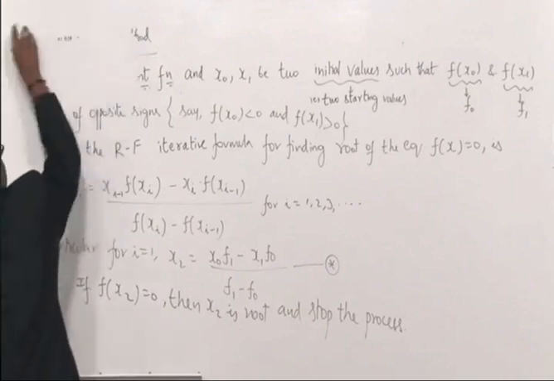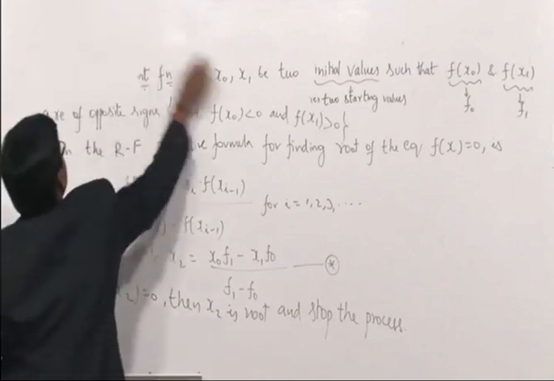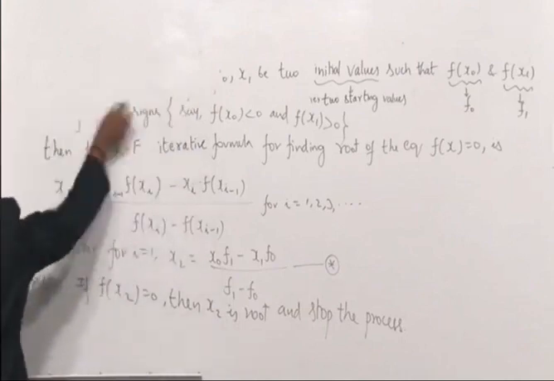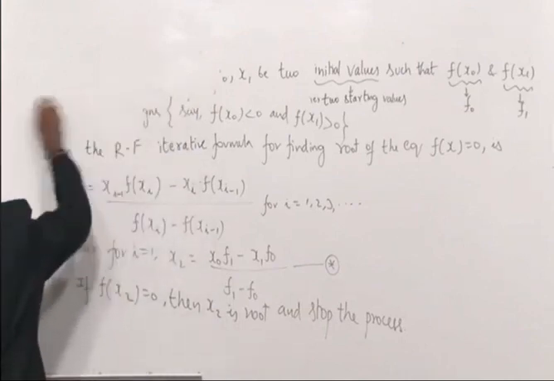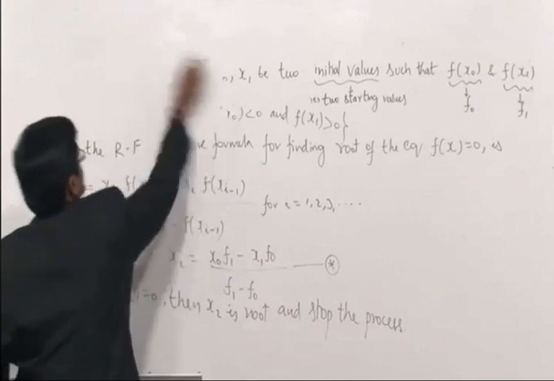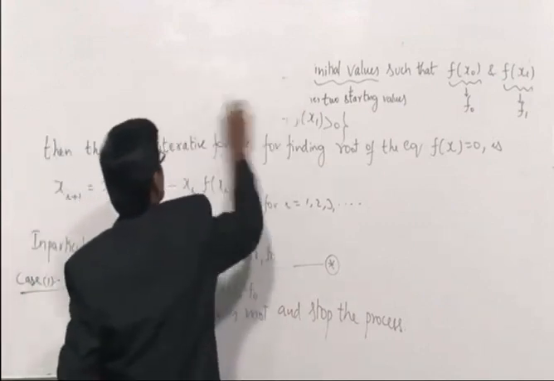Case 1 over, case 2, case 3, just like bisection method only. If you have time, just refer to the bisection method, how I discussed it. Same, a small change only in this method, how I computed x2 in case 2, case 3.